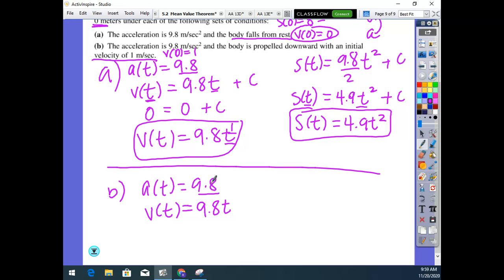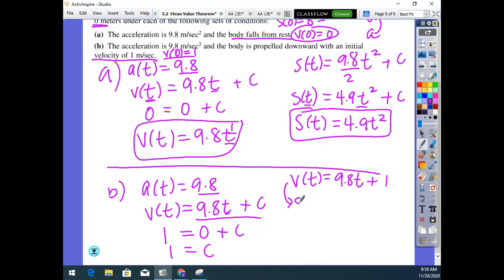The antiderivative of a constant, 9.8, is 9.8t plus c. This says v of 0 is 1. So my velocity is 1 at time 0. So my constant is 1. So v of t equals, I'm just going to replace, 9.8t plus my constant of 1.